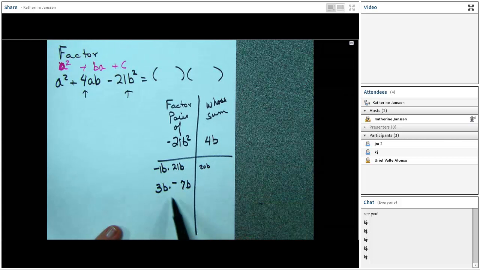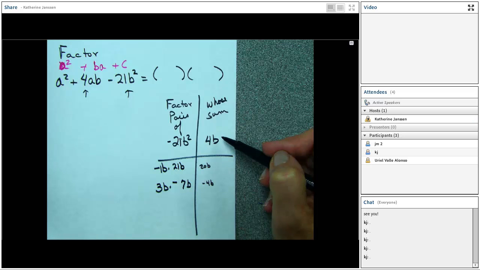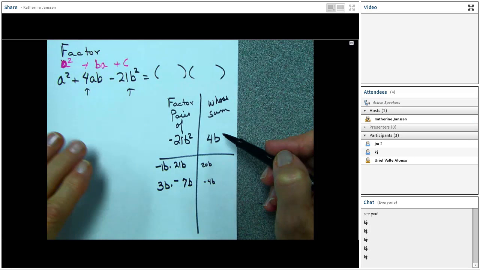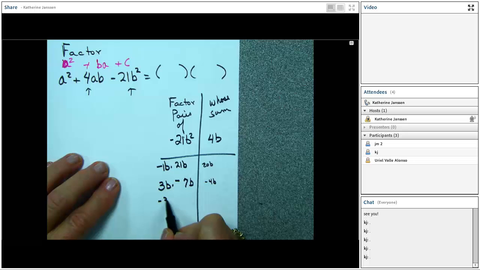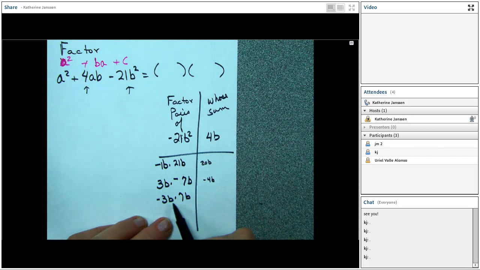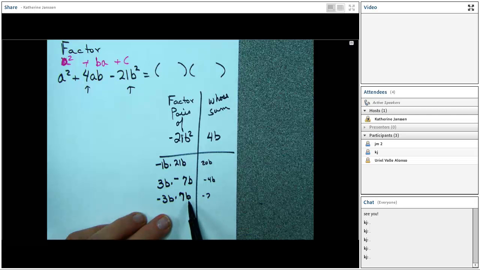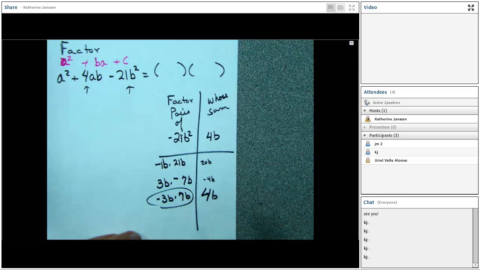When I add, I get a negative 4b. Not what I'm looking for. I'm looking for a positive 4b. So how about a negative 3b times a positive 7b? Negative 3 times 7 is a negative 21, and b times b is b squared. So there you go. A negative 3b plus a positive 7b is going to be our positive 4b. So there's your pattern.